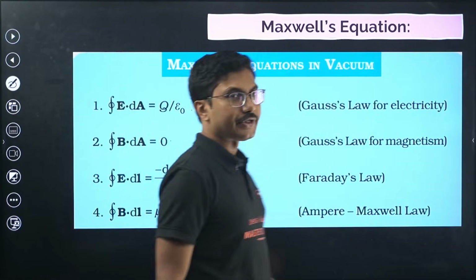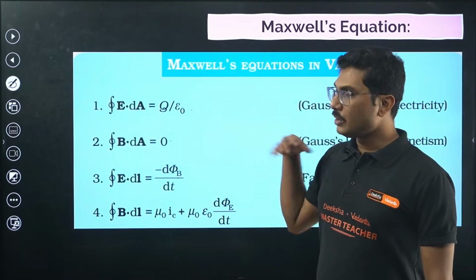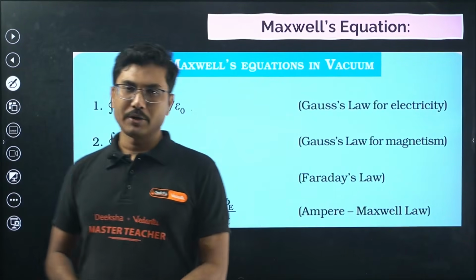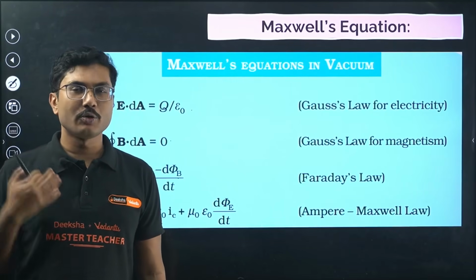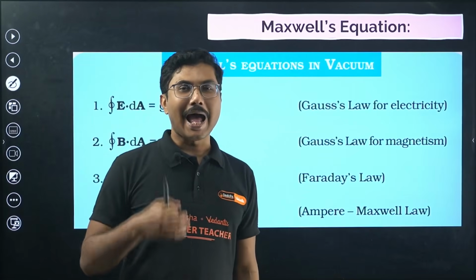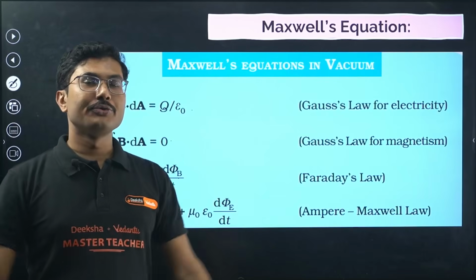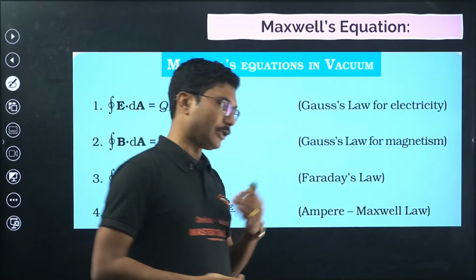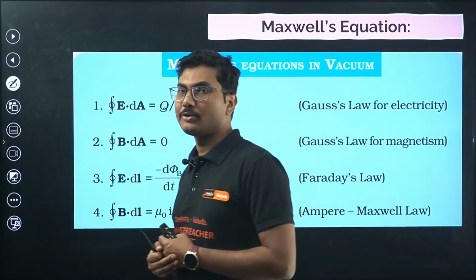Now when you study all these four equations and solve them together, you will get a unique solution, and that solution leads to something called electromagnetic waves. A changing electric field produces a changing magnetic field, and thus the changing electric field and changing magnetic field together produce an electromagnetic wave. Because electric field and magnetic field both are required, they are called electromagnetic waves.